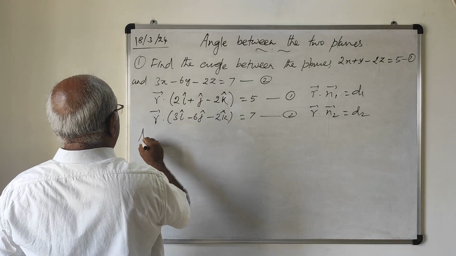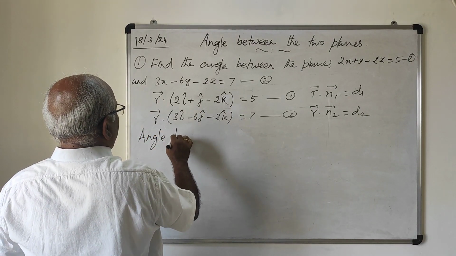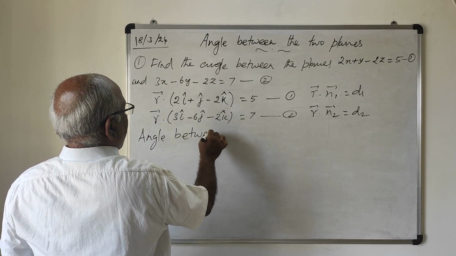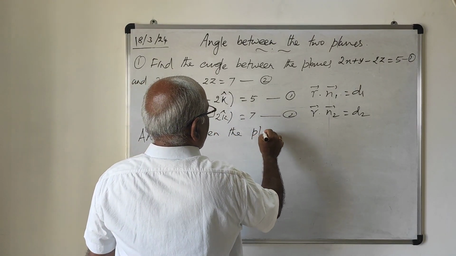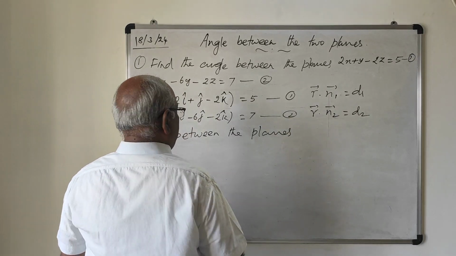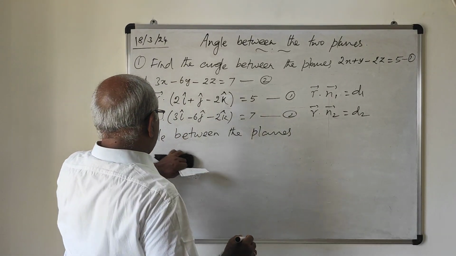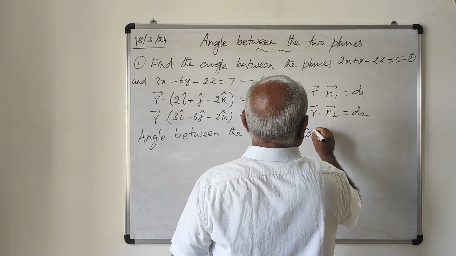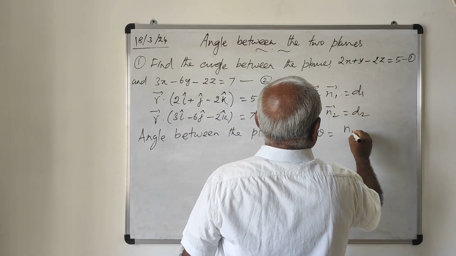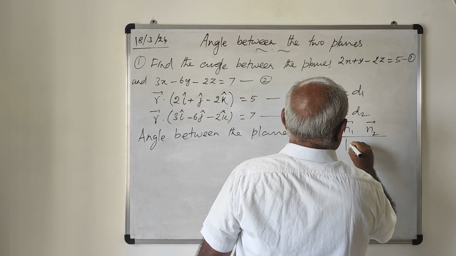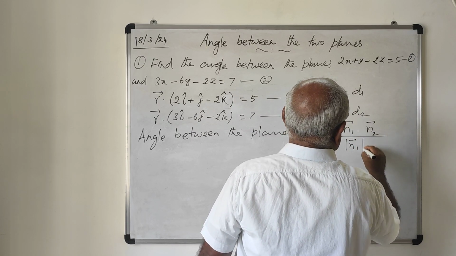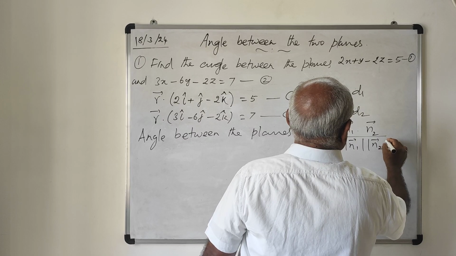The angle between the given planes is cos theta equals modulus of n1 dot n2 by modulus of n1 into modulus of n2.